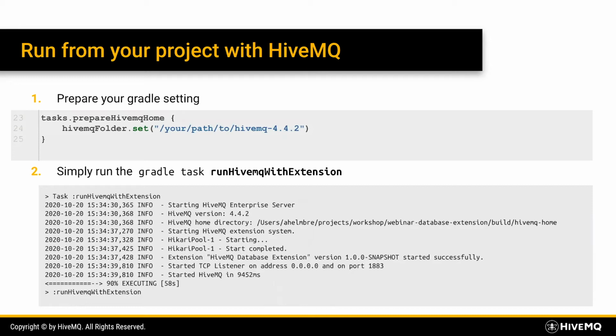Then when we run the Gradle task runHiveMQWithExtension, in the background HiveMQ will load it from our HiveMQ folder, and our extension will additionally be loaded, so that we can run it from our IDE and look if our extension is working.